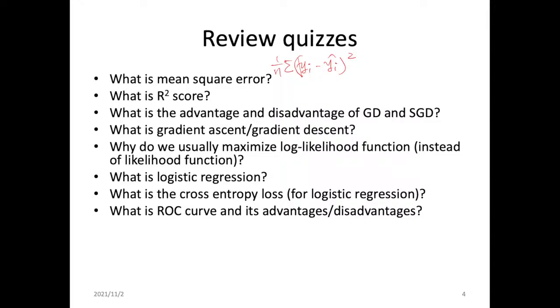Based on different thresholds, you may get different results. An ROC curve essentially looks through all the possible thresholds and computes an overall score. Remember, it's essentially the relationship between true positive rate and false positive rate based on different thresholds, and then we connect all the points together and form a curve.